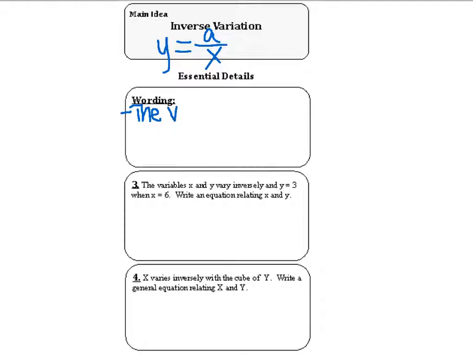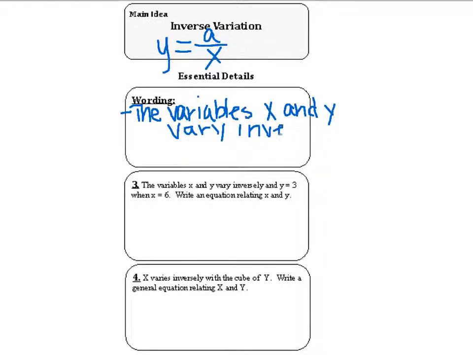first of all, the variables X and Y vary inversely. Okay, the variables X and Y vary inversely. That's one thing you might see.